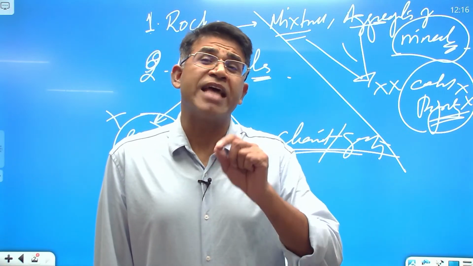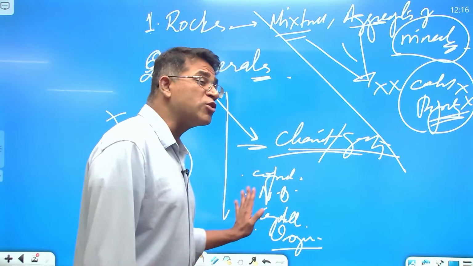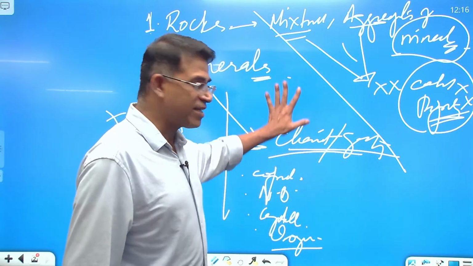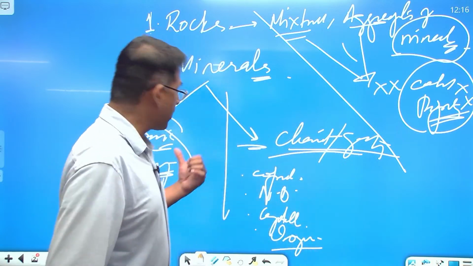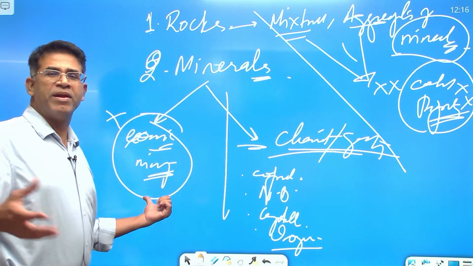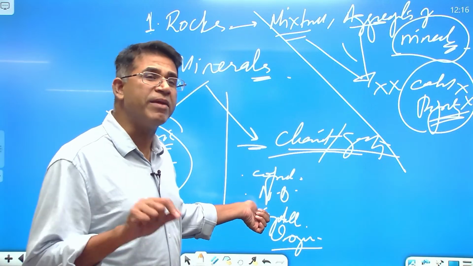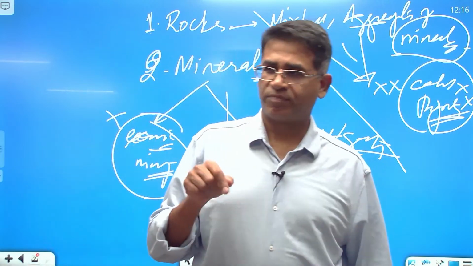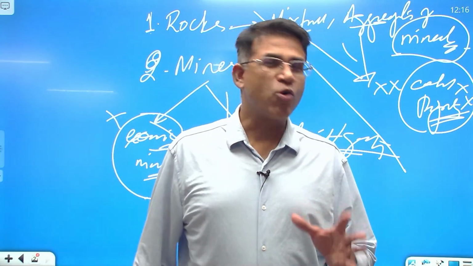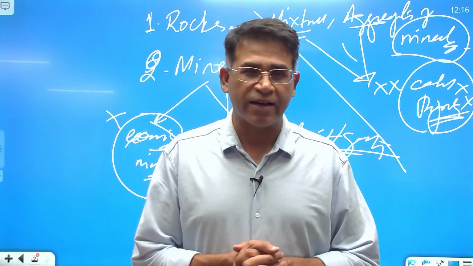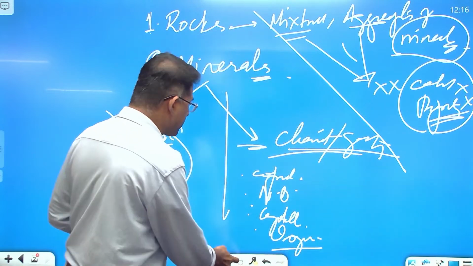So in that case, coal is not a mineral if I go by this classification. यहाँ पर हम बोलेंगे coal mineral है, it's a mineral rock. But यहाँ पर coal mineral नहीं है. If I go by geology, coal एक rock है. It is not a mineral. So this mineral concept is different.